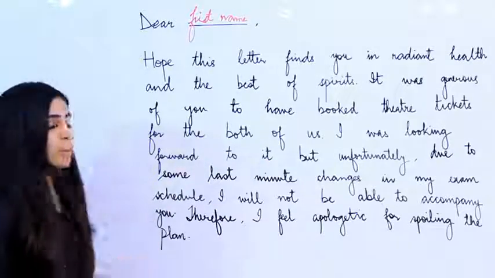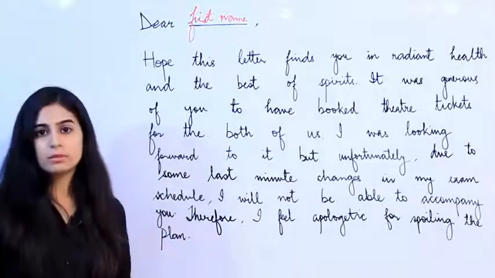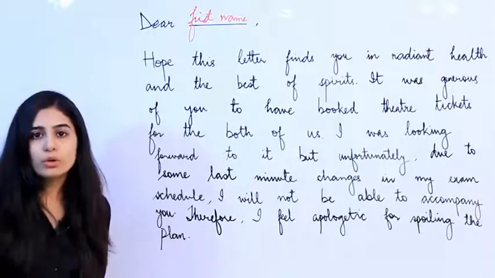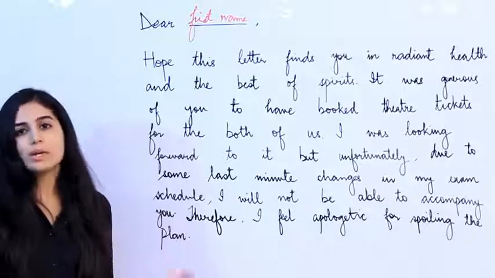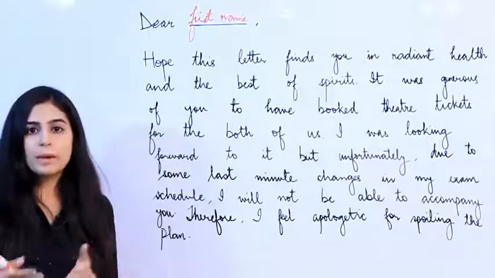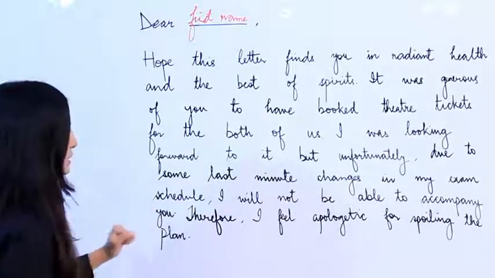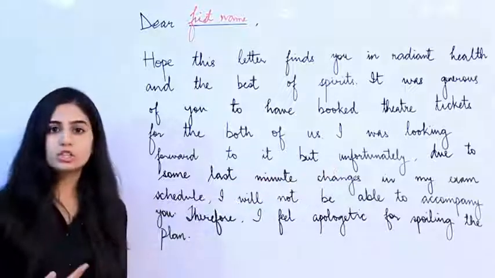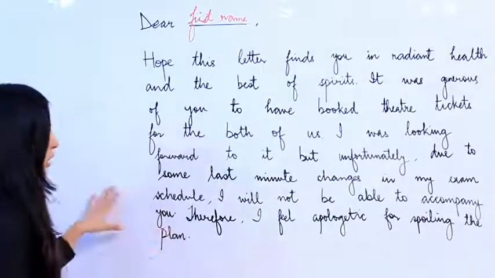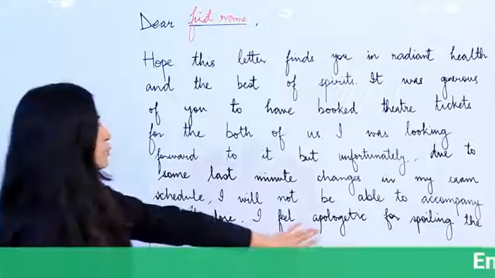So this is what we do, but we attach a reason. When you apologize to your friend, you don't straight away say, sorry, I can't come. You obviously tell them the reason for not coming. So here you will tell the reason, which is there's a sudden change in your exam schedule. Therefore, I feel apologetic.